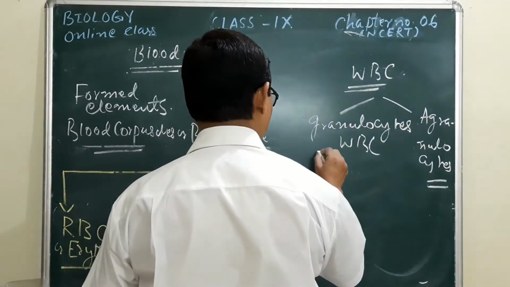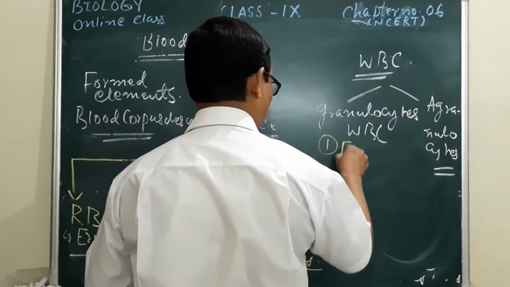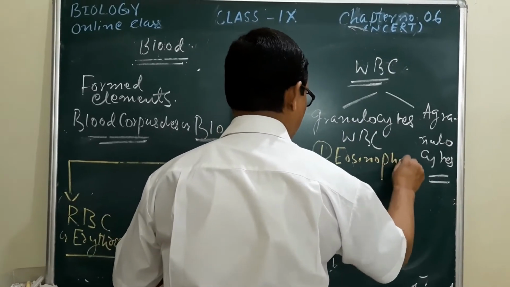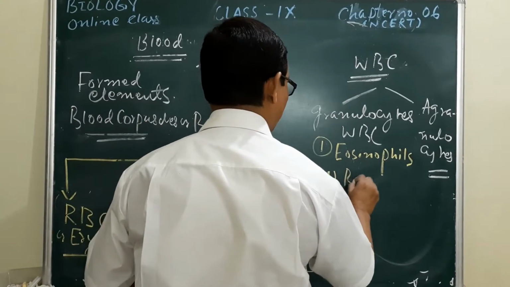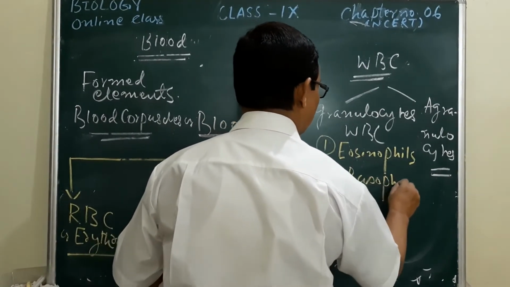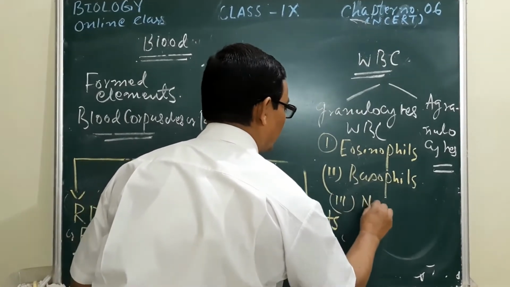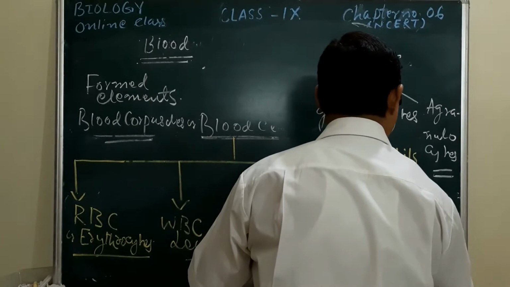It has 3 types. Number 1, eosinophils. Number 2, basophils. And number 3, neutrophils.